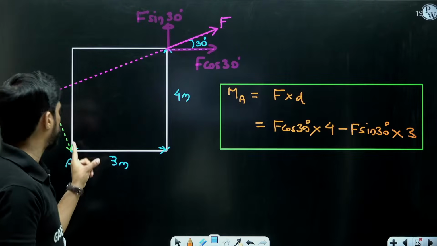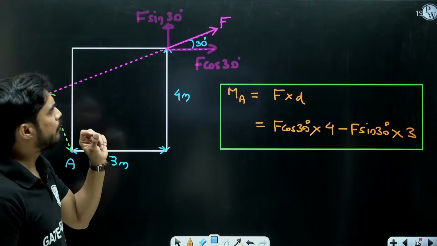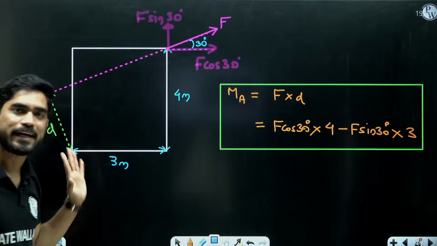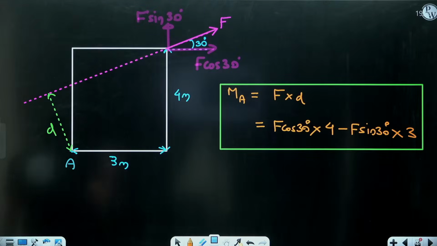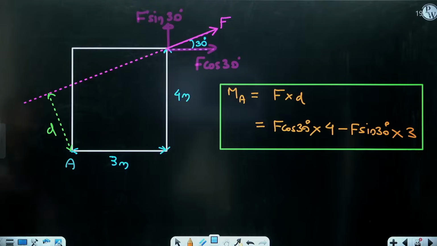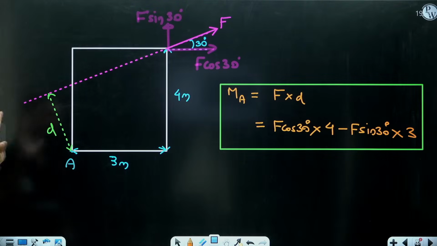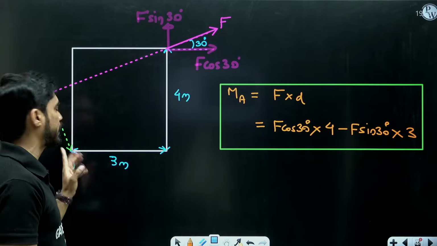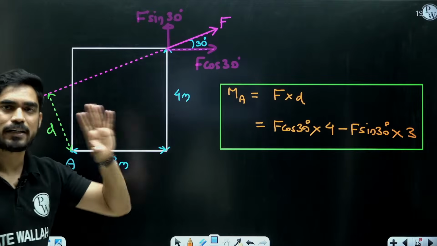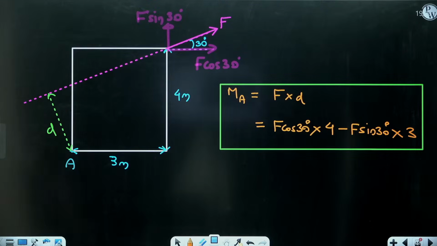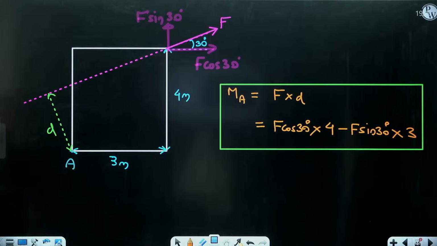Moment of F about A is equal to the sum of moments of components of F about A. I hope Varignon's theorem is clear to each one of you. It was difficult to find the distance D, but it was easy to find the distance of F cos 30 and F sin 30 from point A. So instead of calculating the moment of the force, we calculated the moment of the components. This is known as Varignon's theorem.